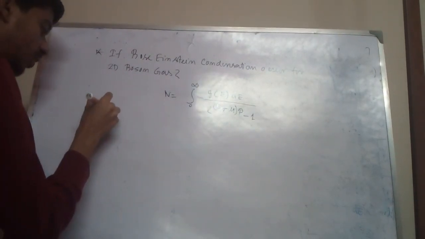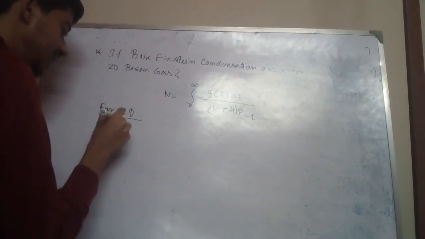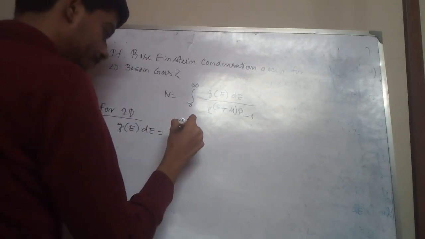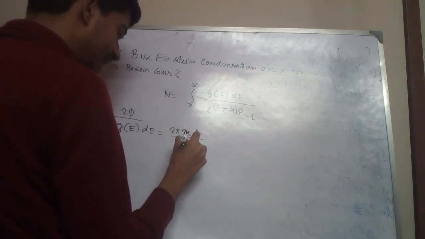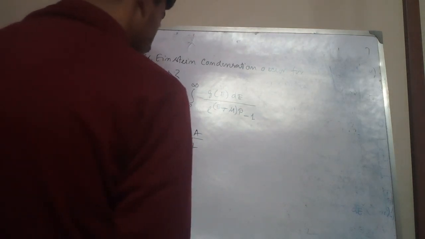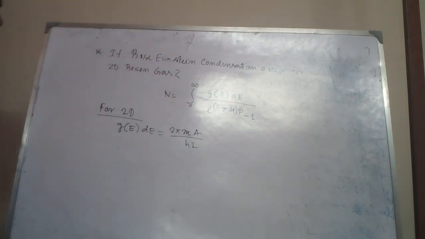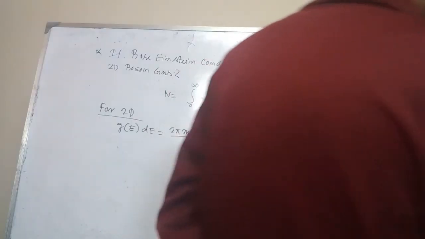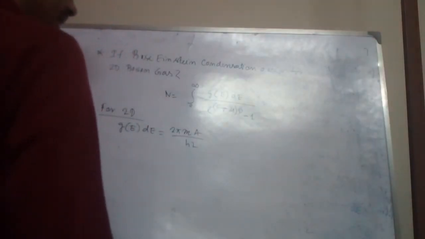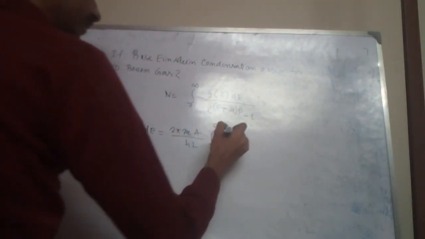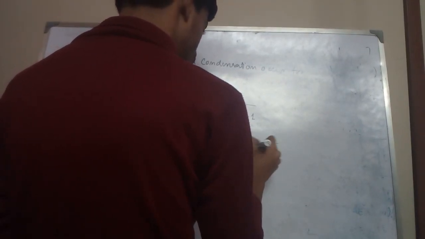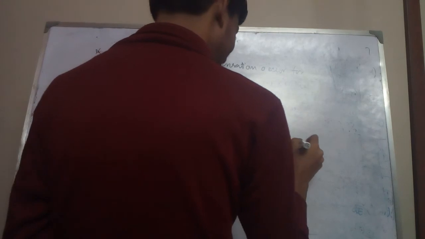For a 2D gas, GED is something like this: 2 pi mA by h square. So N equals 2 pi mA by h square, integral from 0 to infinity of 1 by e to the power (E minus mu) beta minus 1 dE.